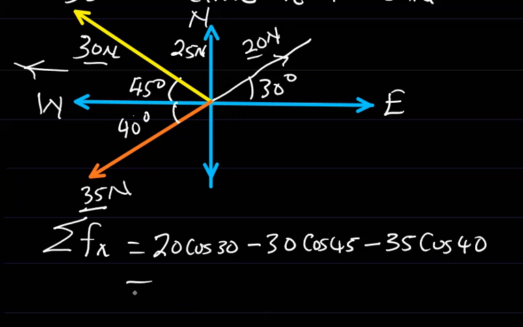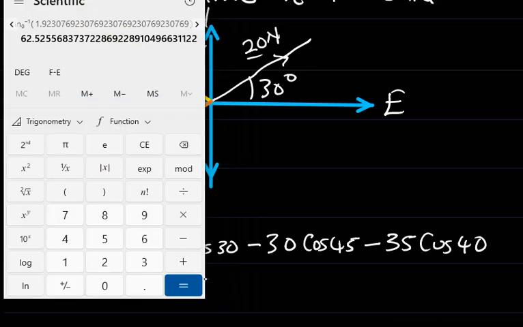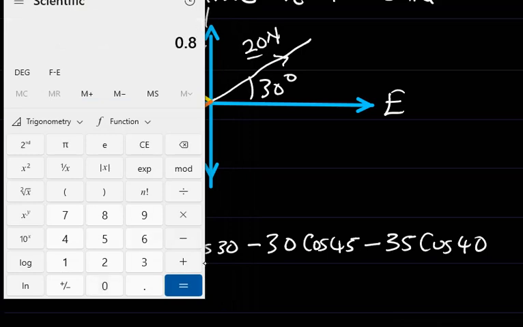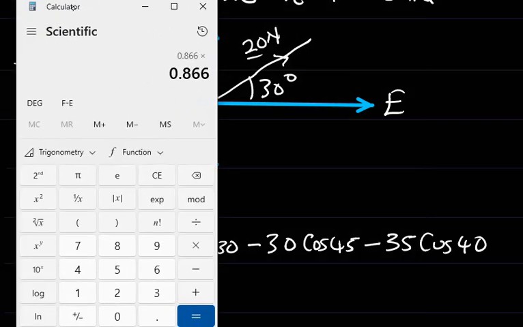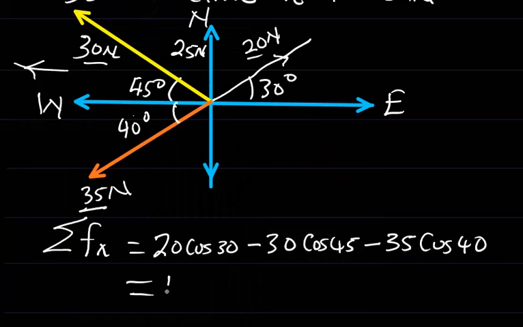Okay, so let's work on this. With calculator, cos 30 is 0.866 times 20 Newton, so 17.32.